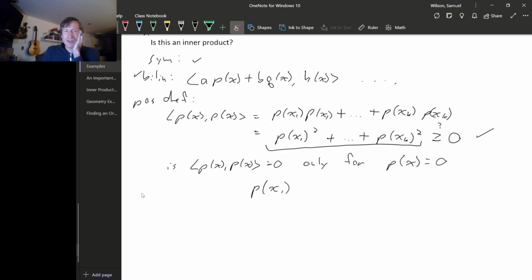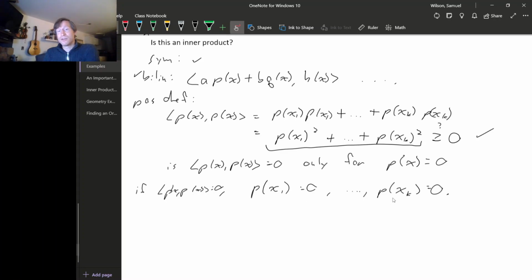So if the inner product of p with itself is 0, then we would have to have p of x1 equal to 0, p of x2 equal to 0, and so on, all the way down to p of x sub k equal to 0. Is it possible that a non-zero polynomial could have this many inputs that produce 0 as an output? Well, here we have to be a little bit careful.